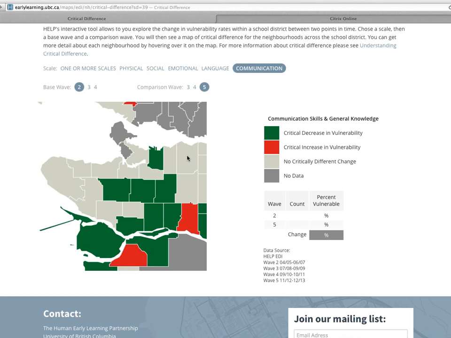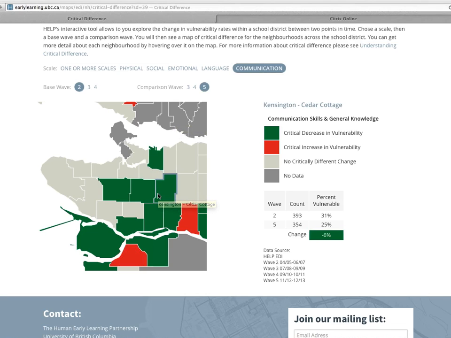Here's an interesting pattern where from wave 2 to 5, things have been improving on the communication scale. That's what the green means. Green means a decrease in vulnerability, so that's a good thing, and the red is an increase in vulnerability. The light gray is a place where we have no critically different change, and the dark gray up here is no data.